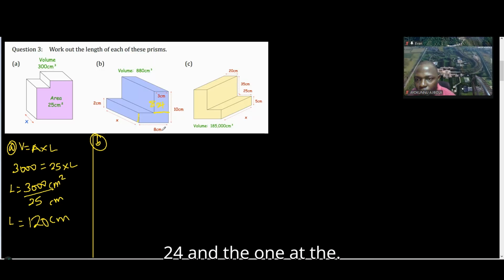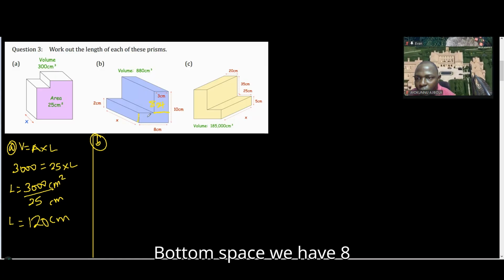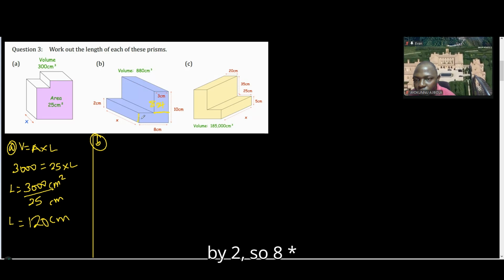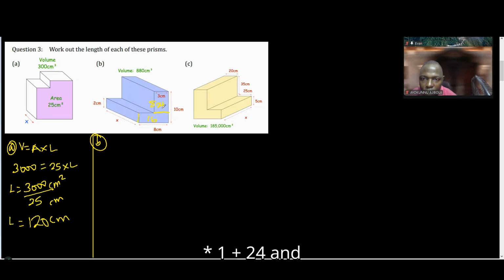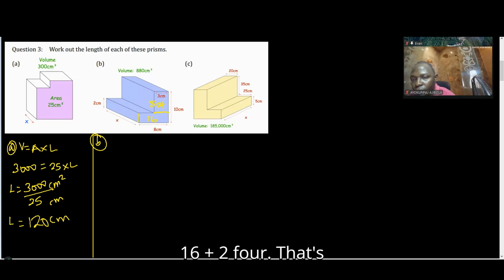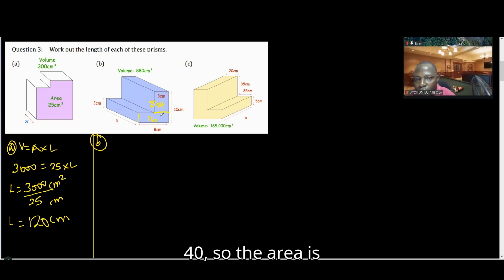And the one at the bottom space, we have 8 by 2. So 8 times 2 is 16. And 16 plus 24, that's 40. So the area is 40.